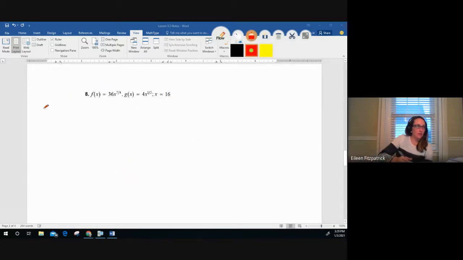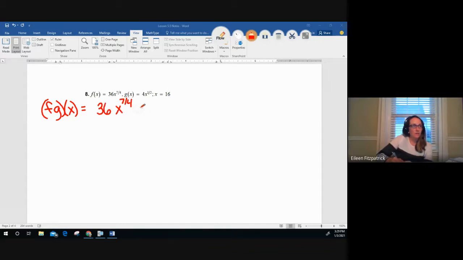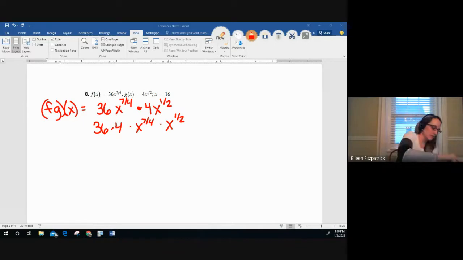All right, so we're going to start with f times g of x is equal to 36x to the 7/4 times 4x to the 1/2. Again, rearrange: 36 times 4 times x to the 7/4 times x to the 1/2. You're going to multiply 36 times 4 to get 144.